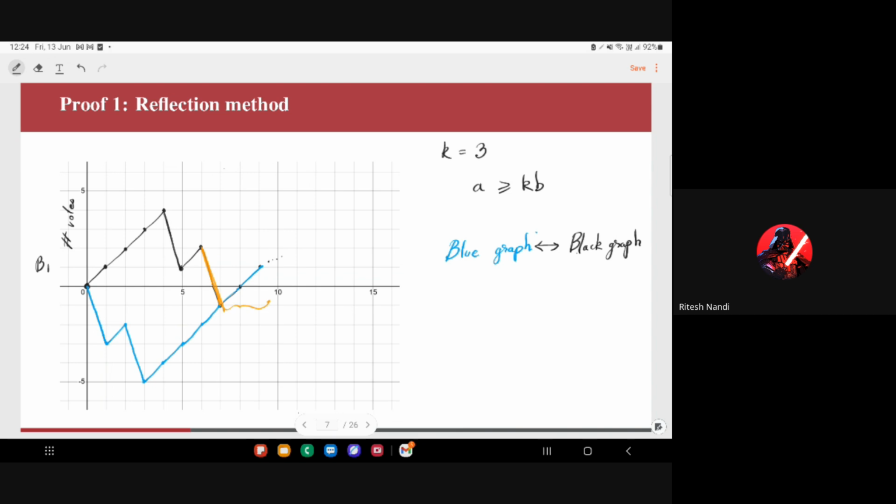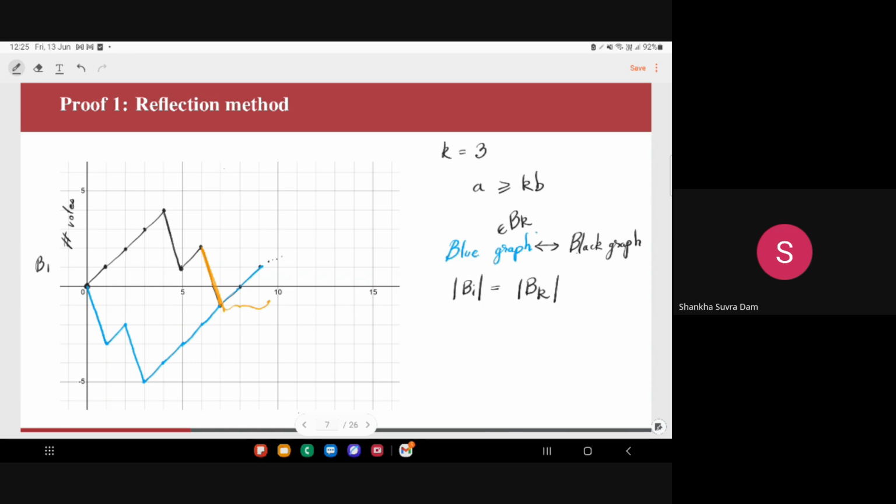This proves that for any I, the cardinality of B_I would be the same as the cardinality of B_K, because the blue graph belongs to B_K. The first step itself takes k steps down, like a vote for B.